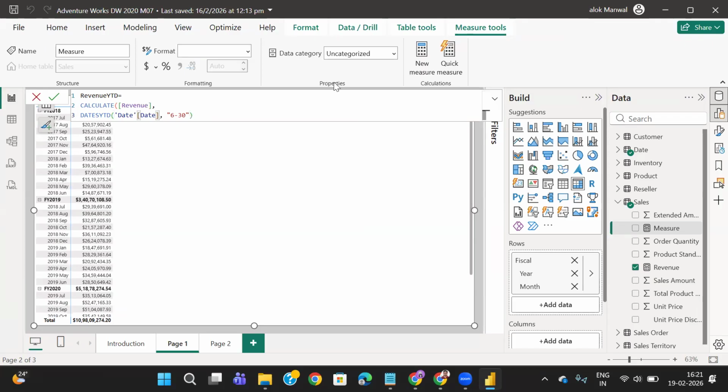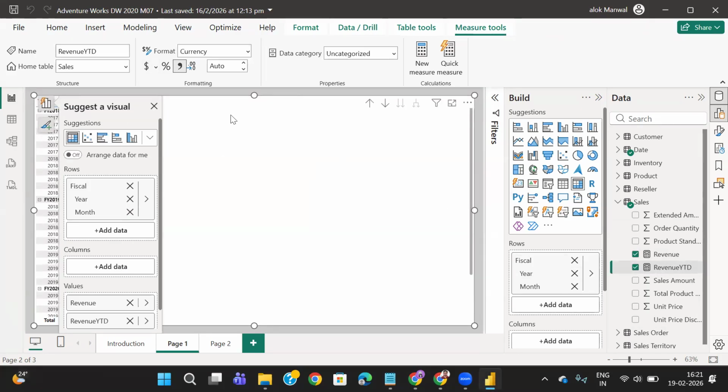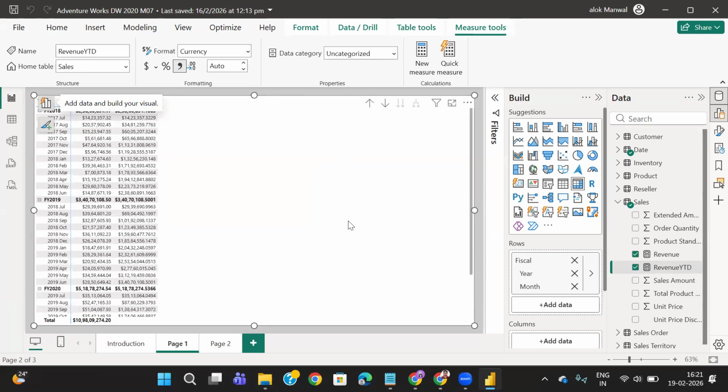I'm calculating it on the basis of this date. Now let me place it here. Let me convert it into a dollar first. Now I just wanted to show you here.